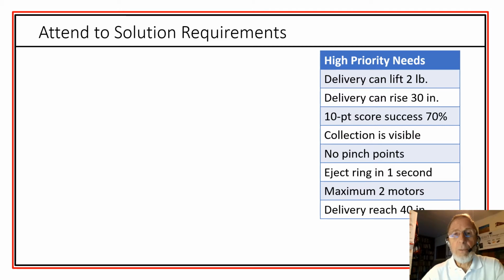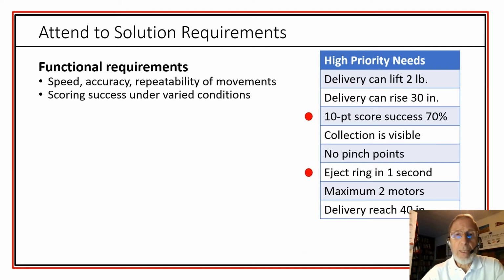Let's not forget that we had established a whole set of solution requirements earlier in the process. So one of the things that we want to check off before we proceed is, have we dealt with these solution requirements adequately? Have we met them? So remember, we had functional requirements, perhaps speed, accuracy, things that we said that the robot must be able to do.